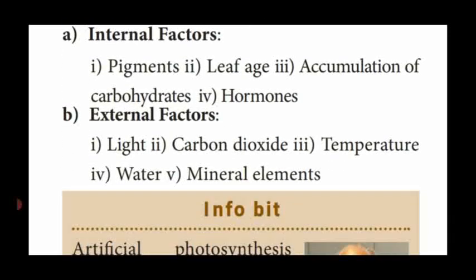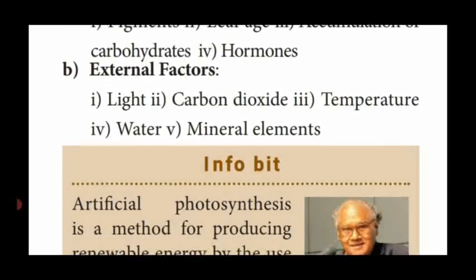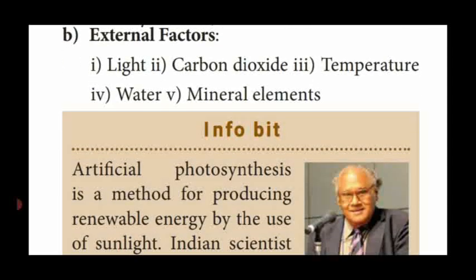Next, the external factors. The wavelength of the sunlight which affects photosynthesis, the amount of carbon dioxide present in the atmosphere, the temperature in the external environment, and the amount of water absorbed by the xylem components from the soil.